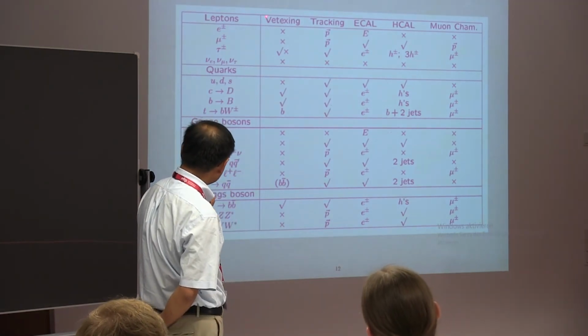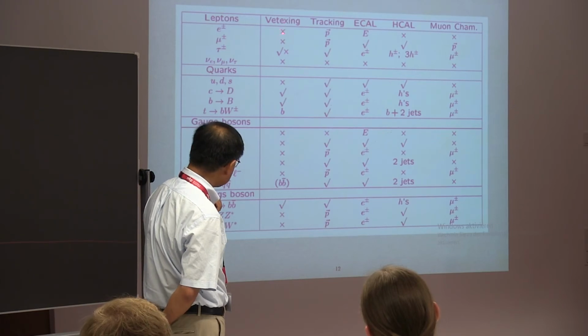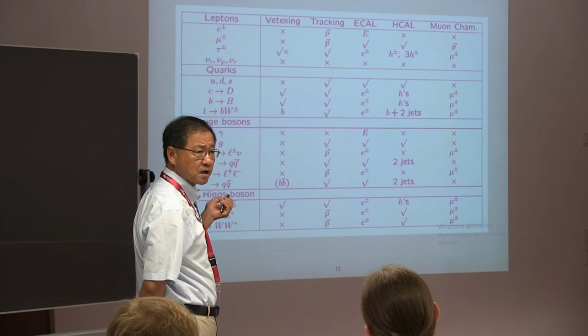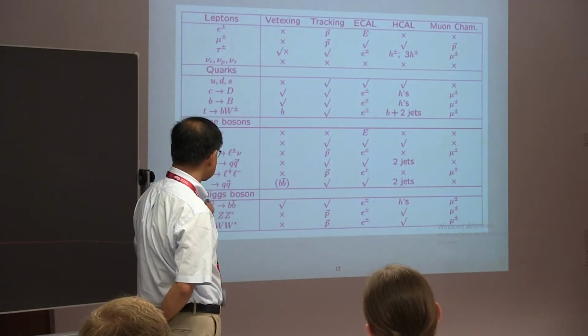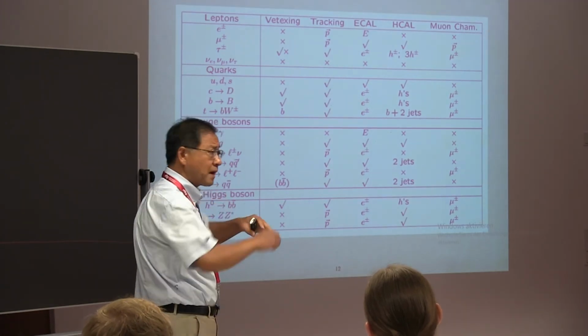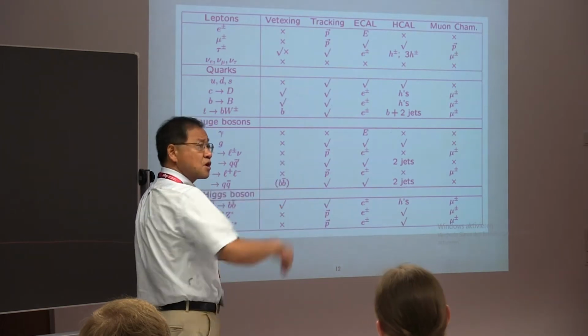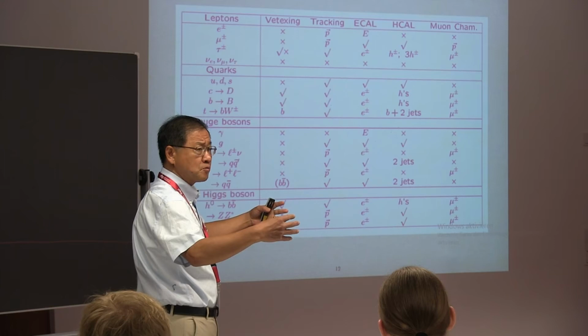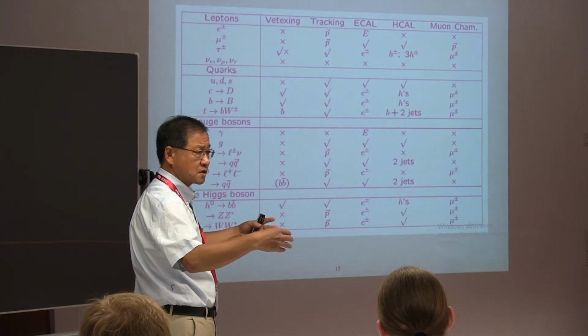A cross usually means the particle doesn't do much there, and a check would mean that yes, that part will be connected with this particle. The second one would be the magnetic field, which bends charged particles, not neutral ones. The third one is absorption for electromagnetic showers, basically electrons and photons.